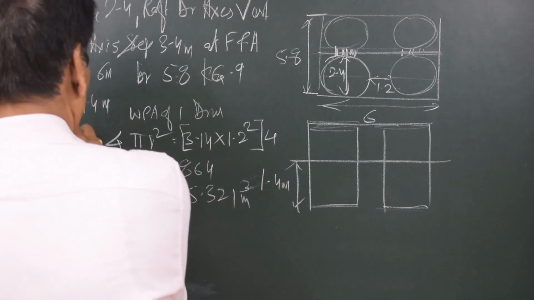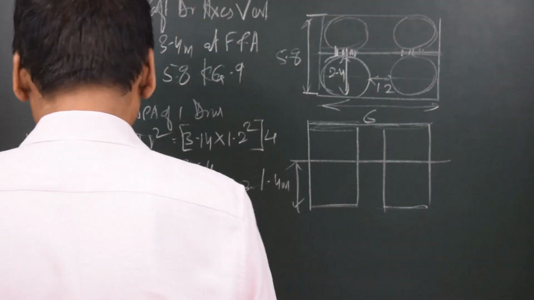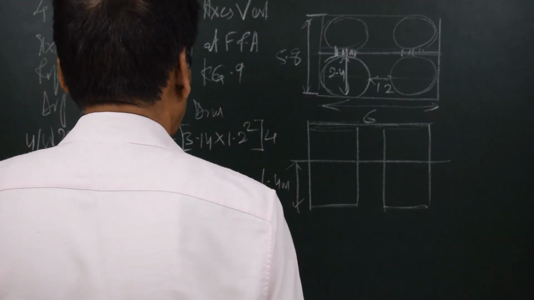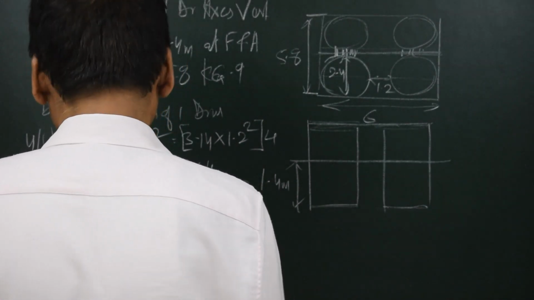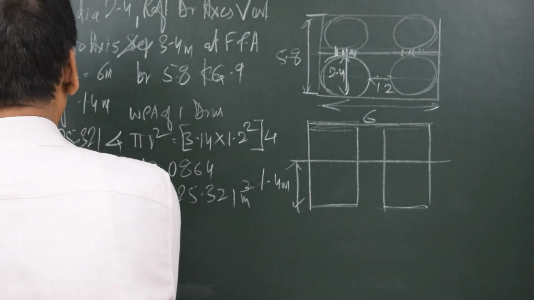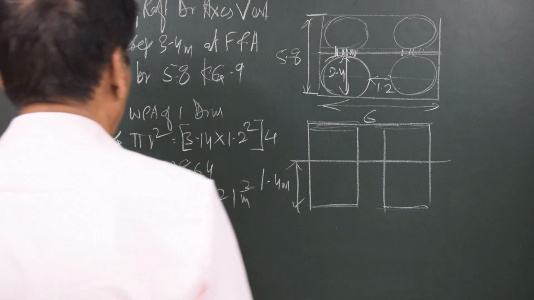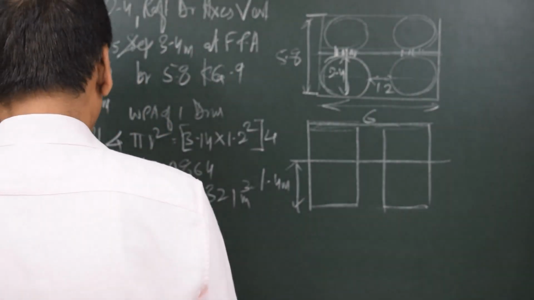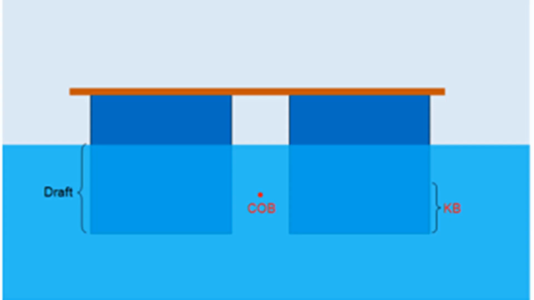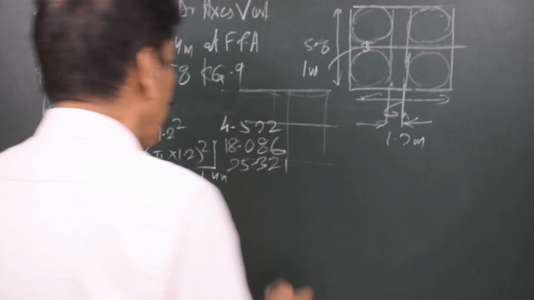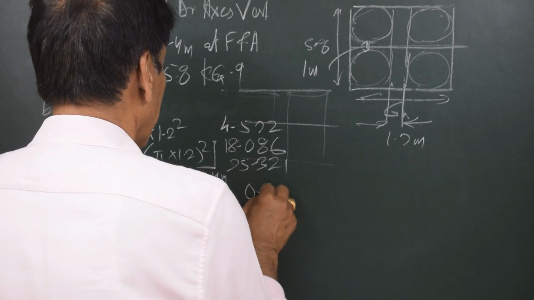Underwater volume is 25.321 meter cube, and also the waterplane area of one drum, 4.522, and total waterplane area is equal to 18.0864. If the draft is 1.4 meters, we can say that the KB of the raft is 0.7 meters.